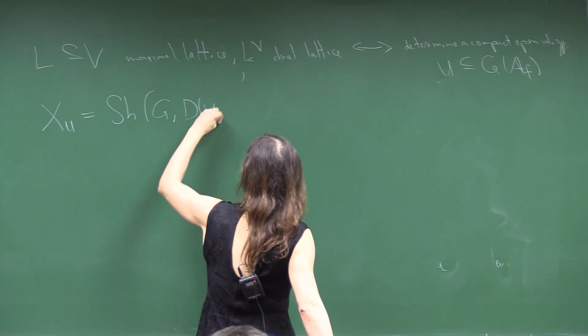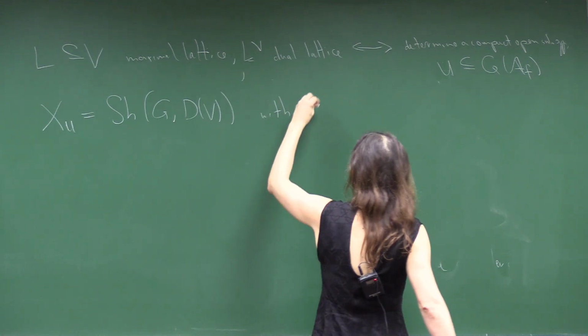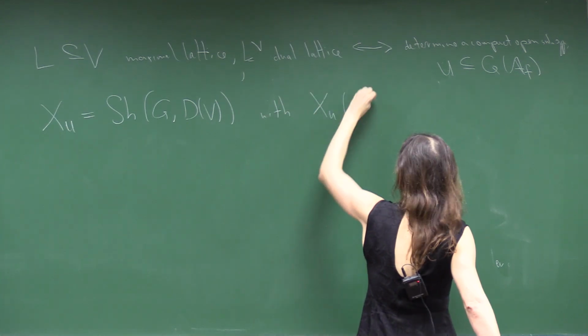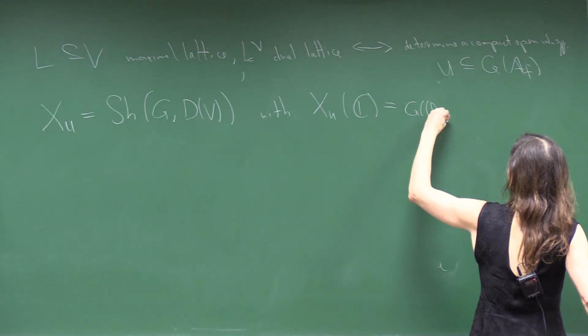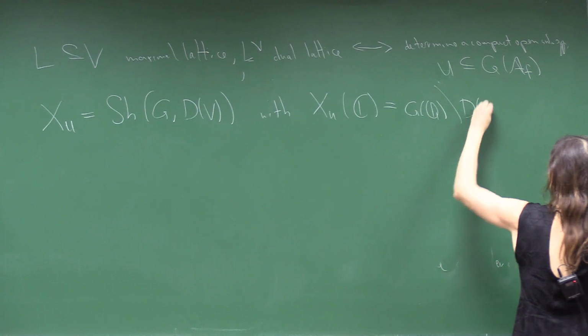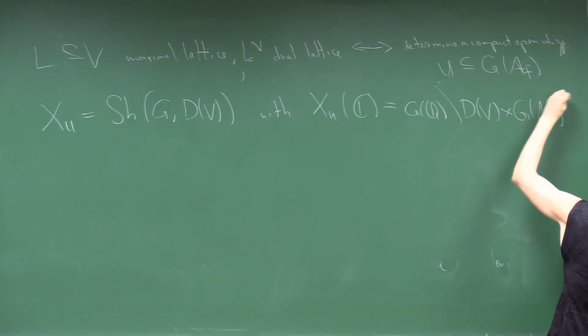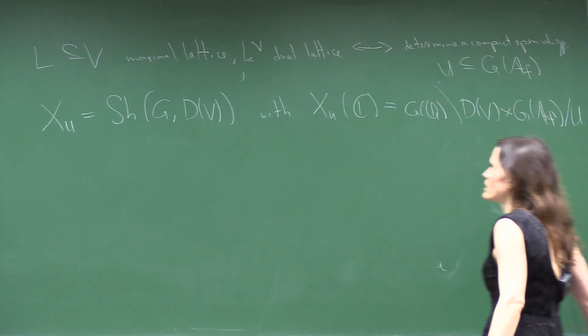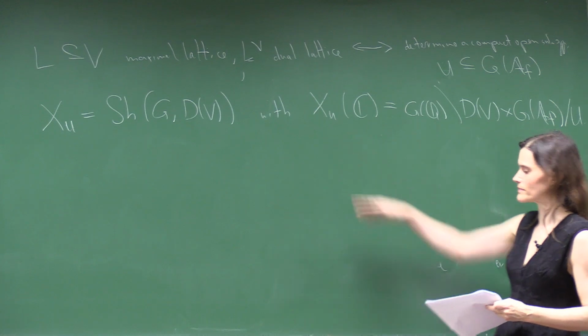Or maybe I should write this the other way. The spin Shimura variety has complex points given by the usual double coset, divided out by this compact open. There's a way to decompose this.